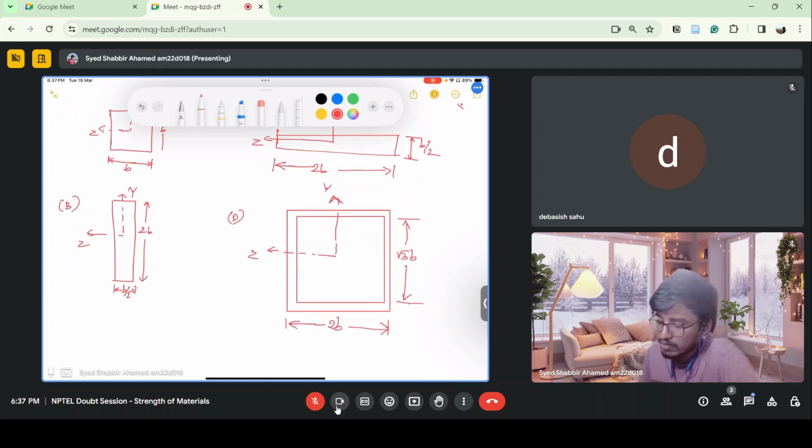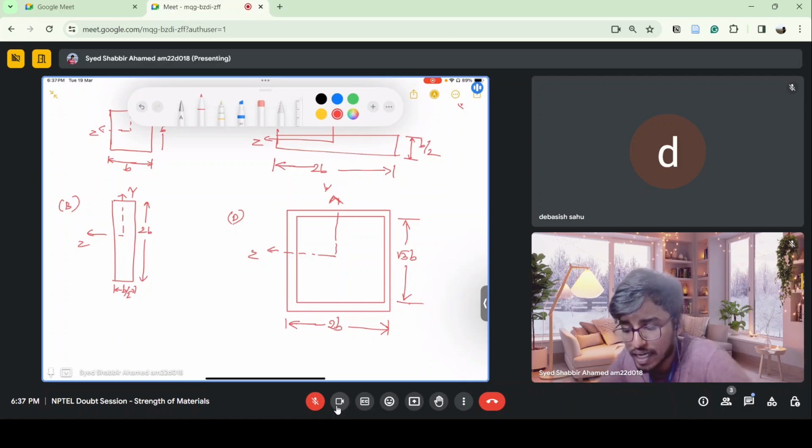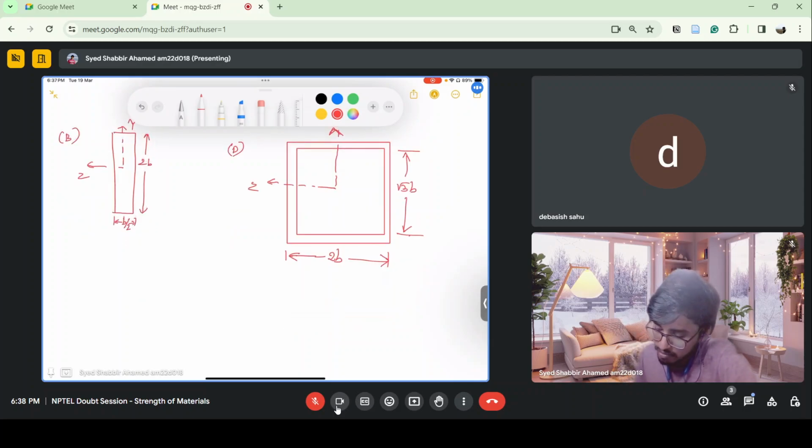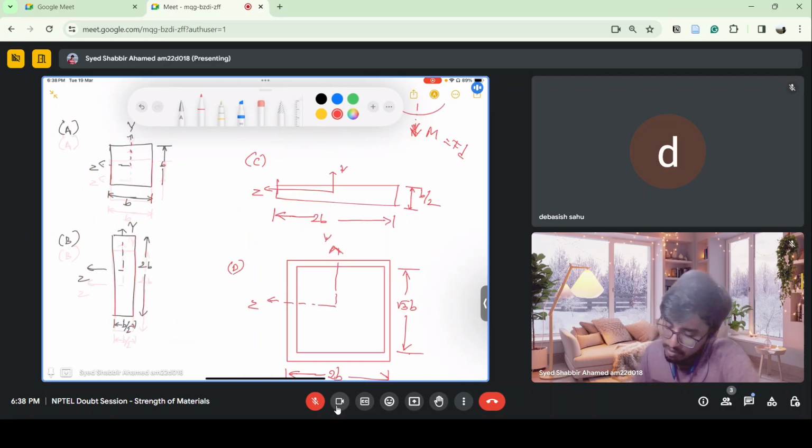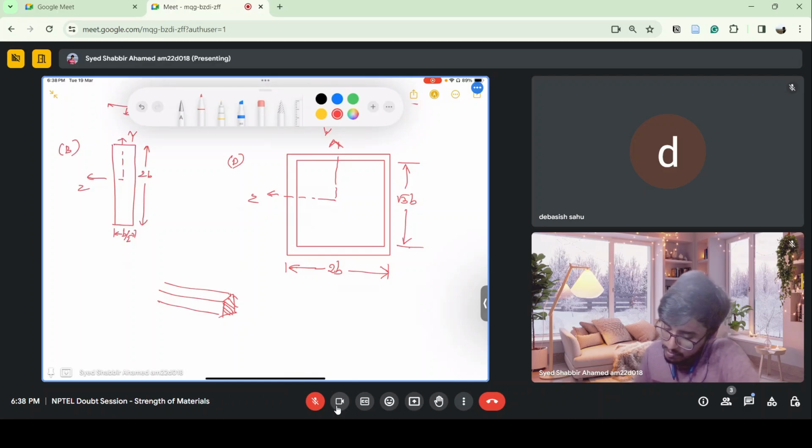So, if I apply an axial tensile force along the x-axis, say this is a bar kind of thing, and this is the cross section, and you can change this cross section with various sections here.